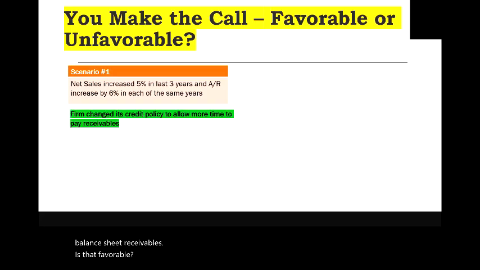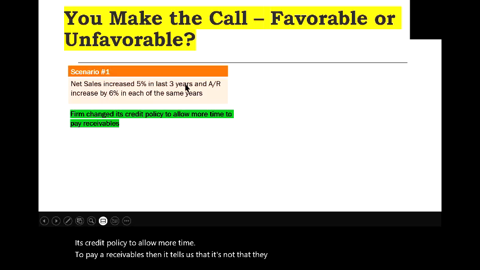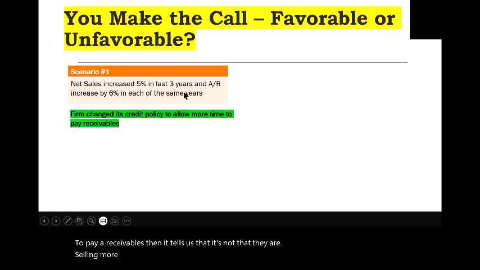The question really would be, what caused the scenario? And so if we find that the firm changed its credit policy to allow more time to pay receivables, then it tells us that it's not that they are selling more on credit, it's that they are allowing a longer time for the receivables to be collected.